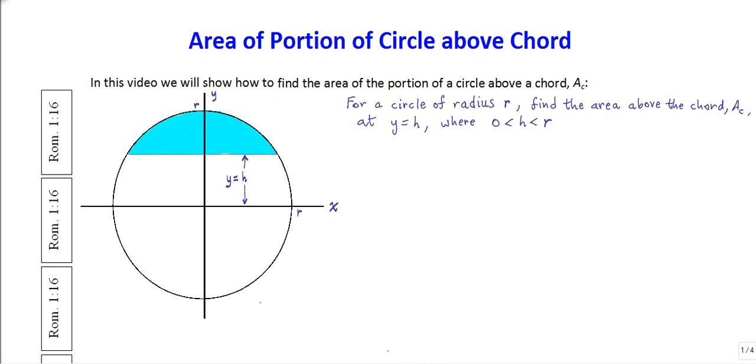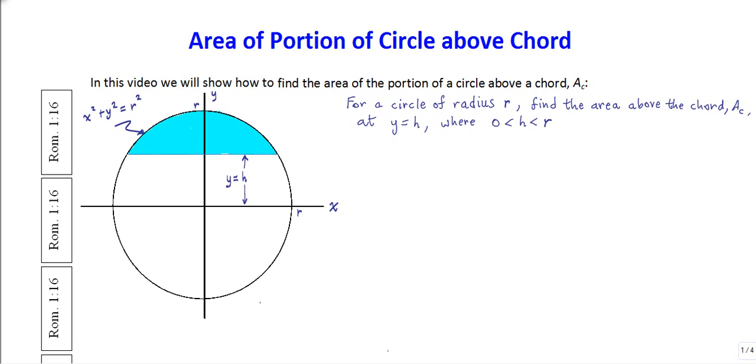Another thing that we know, and we've seen this a few times already in our past videos, is that the equation of a circle of radius r is given as x squared plus y squared is equal to the radial dimension r squared.